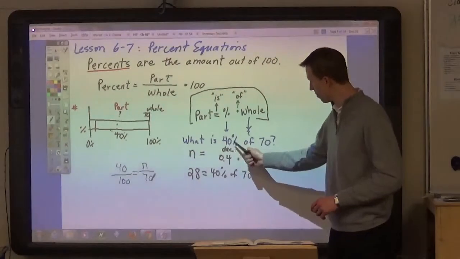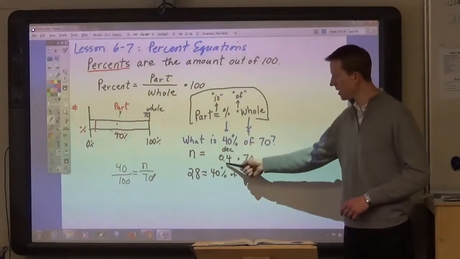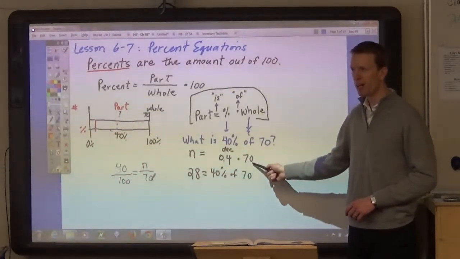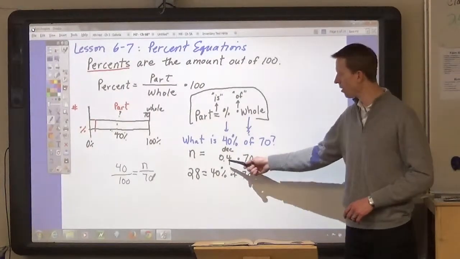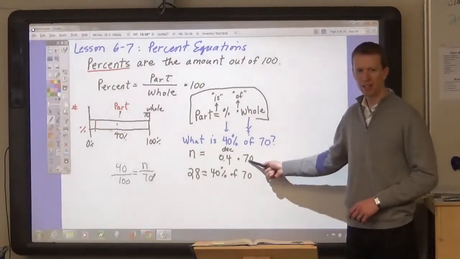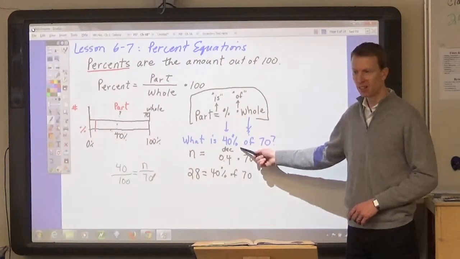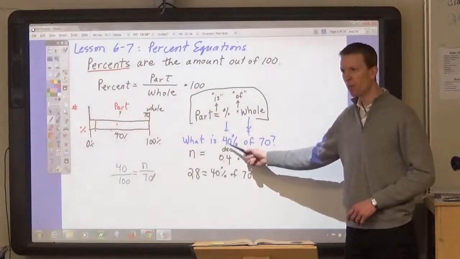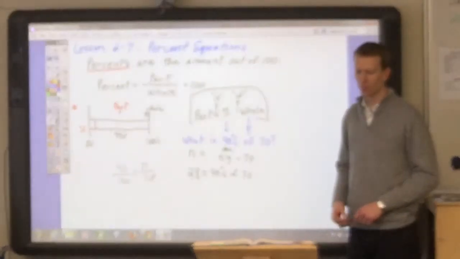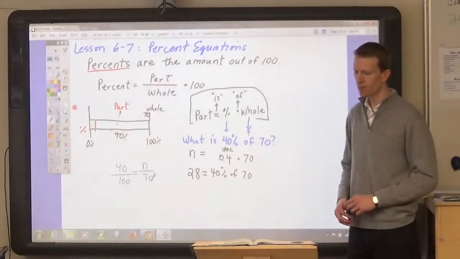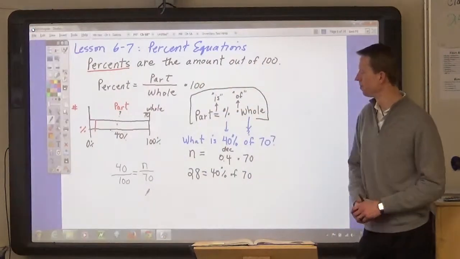If you needed to find 40% of 70, like in this one, you could change 40% to the decimal form and multiply it by the whole. Okay? When you multiply 0.4 times 70, you're finding 40%. These two are the same number, but one is in percent form and one is in decimal form. Okay? But we can also use the proportion method, which is what we've been doing.